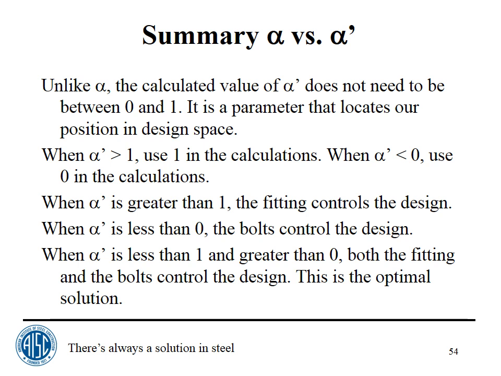For the other two, really, one of the two aspects of the connection is not being fully utilized. Where the fitting controls the design, you could probably use smaller bolts. Where the bolts control the design, maybe you could use a thinner fitting. But generally, we don't do that. We just find out where we are and we move on.